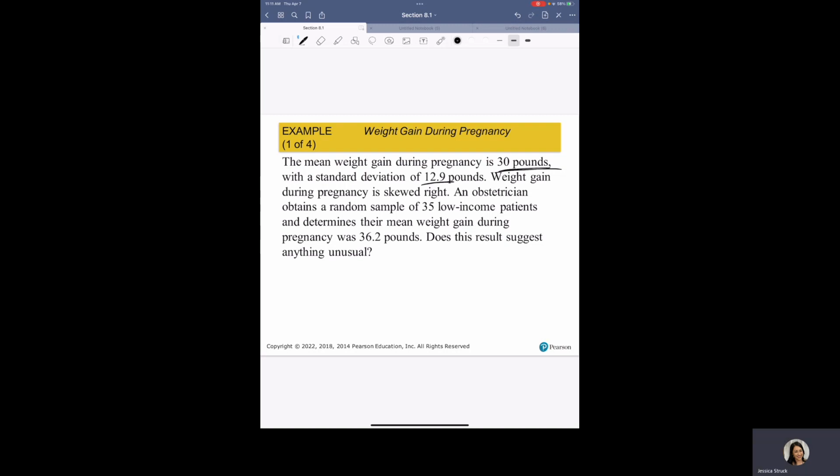You're not going to expect a symmetrical bell-shaped distribution. But this obstetrician obtains a random sample of 35 low-income patients and determines their mean weight gain during pregnancy is 36.2 pounds. And we're asked if this result is unusual.